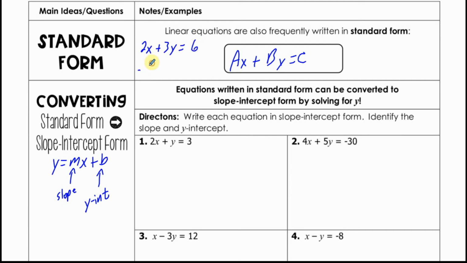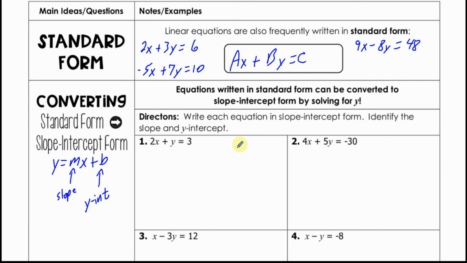You could have negative 5x plus 7y equals 10. 9x minus 8y equals 48. Where a is the number in front of the x, b is the number in front of the y variable, and c is the constant on the right side by itself.